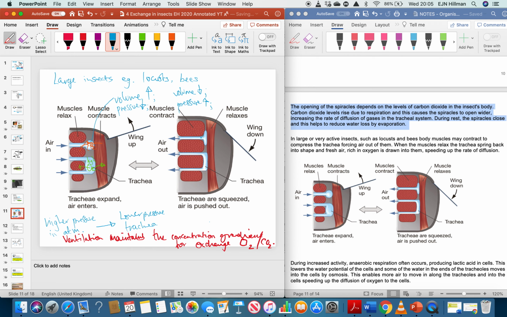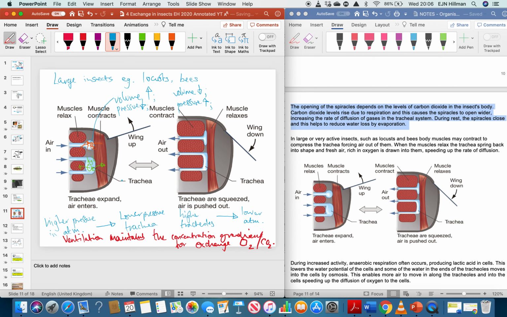So we've now got a higher pressure in the tracheals, lower pressure in the atmosphere, and the air moves down its pressure gradient from the trachea or the tracheals and out again. Okay, and that is that ventilation.